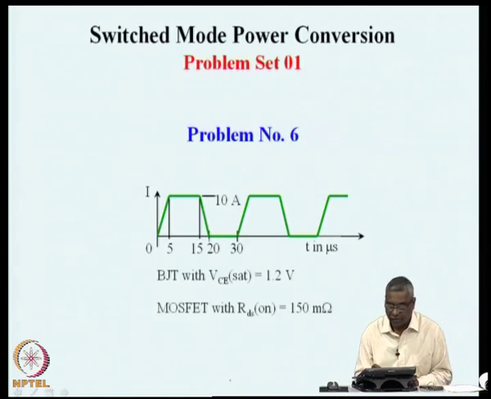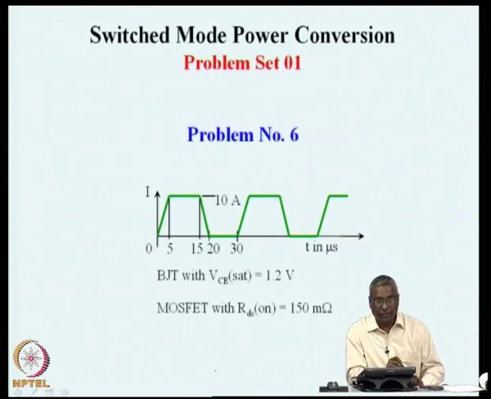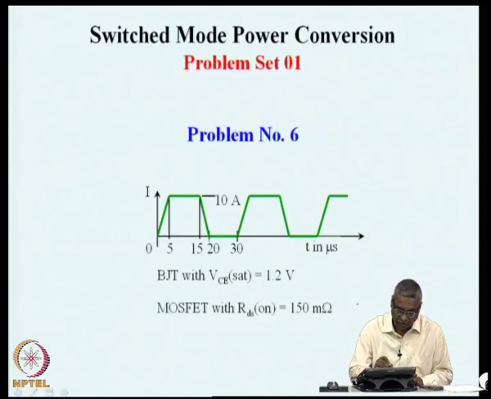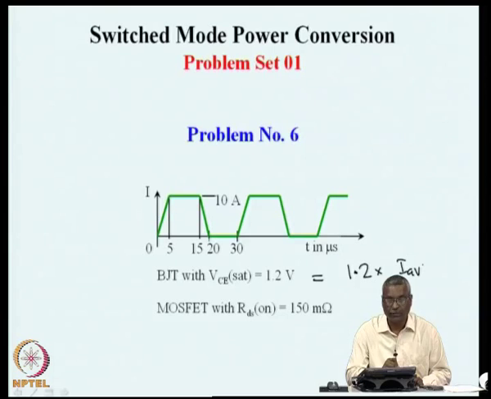We had seen in the earlier case that the power dissipation depends on average current multiplied by voltage drop, or RDS on multiplied by square of the RMS current. So, in this particular example, 1.2 multiplied by I average will be the power loss.